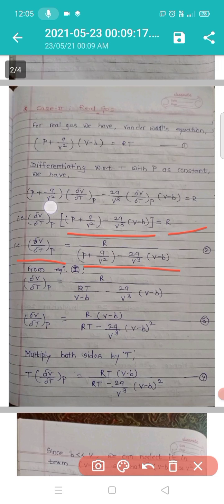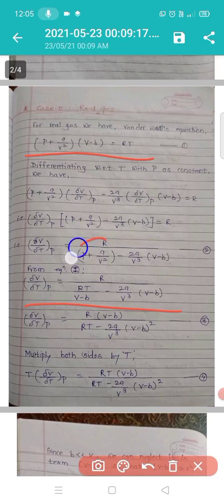Then from the first equation we have (∂V/∂T) at P = R/(...). From the equation we get the value of P + a/V² as RT/(V − b) minus 2a/V³ (V − b).